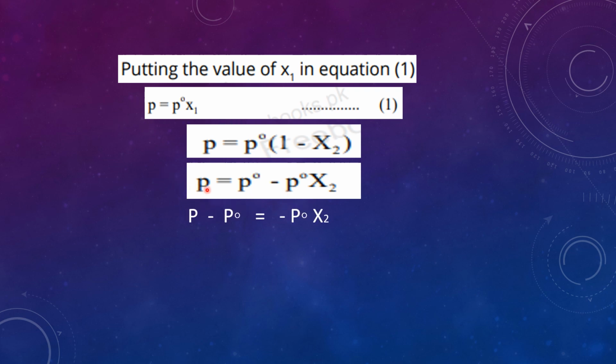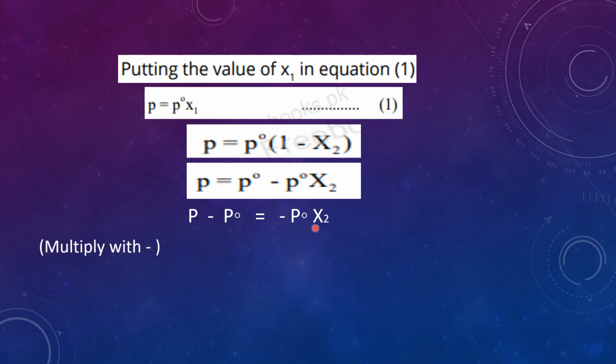So P minus P naught: this P naught on the right side of the equal sign we will move to the other side, and the sign of this positive value will change into negative. So P minus P naught will be equal to minus P naught X2.